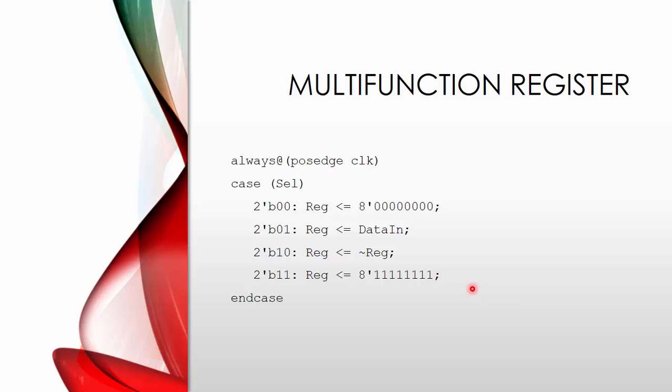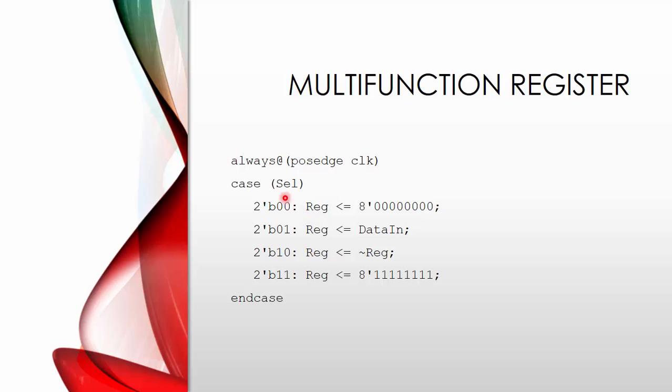Obviously, multifunction register will need different Verilog code for each of them, so it is rather difficult to generalize it, but this is one example. Let's say we have a register, 8-bit register with 4 functions. If the selector is 0, it is a reset function, for example.